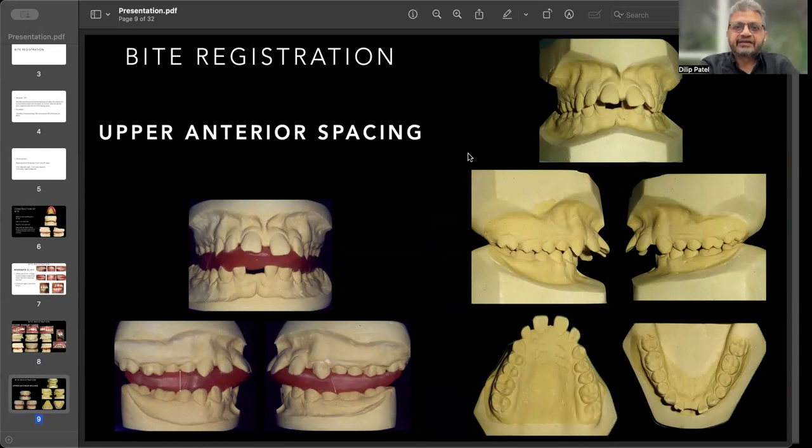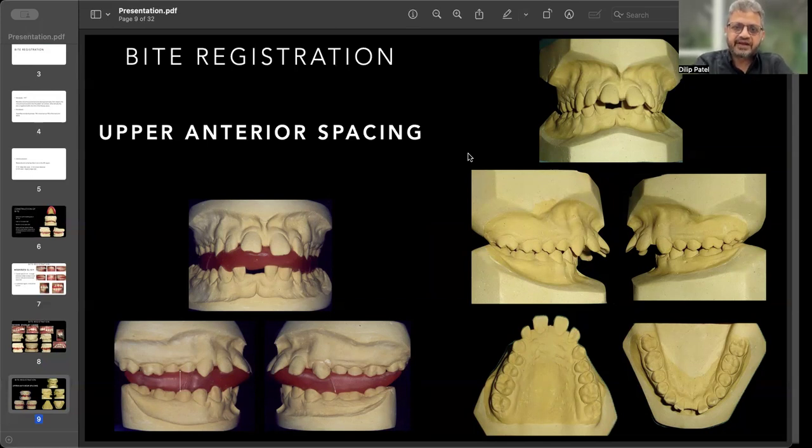Now, in many cases, there is a lot of space in the upper anterior as well as in the lower. Many a time there is spacing in the upper anterior and mild to moderate crowding in the lower anterior. So, to register the bite in the forward position, first you should consider what the scope for retraction is when you close the space.